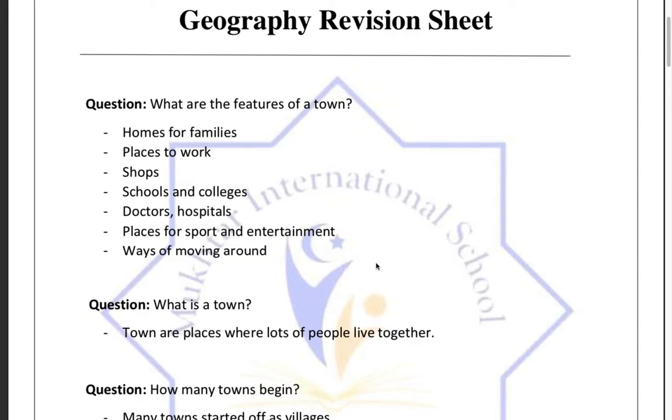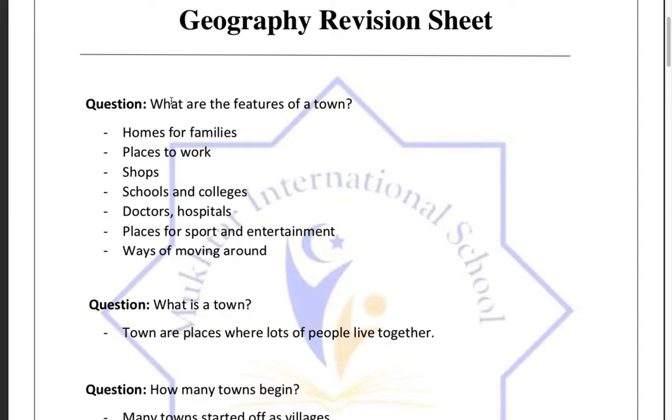Anyway. Let's start with the geography revision sheet for grade 4. By looking up the questions over here, we can find unit 4. As a beginning here, we are talking about towns. What are towns? What are the features of towns? And also how towns can begin.